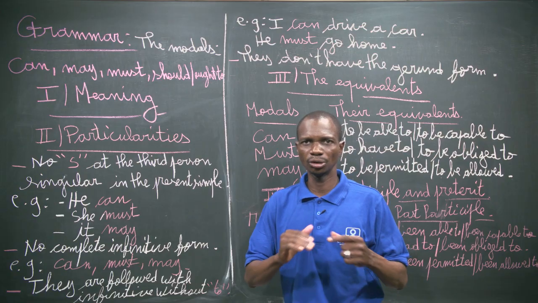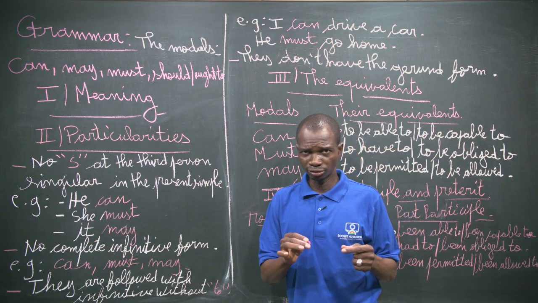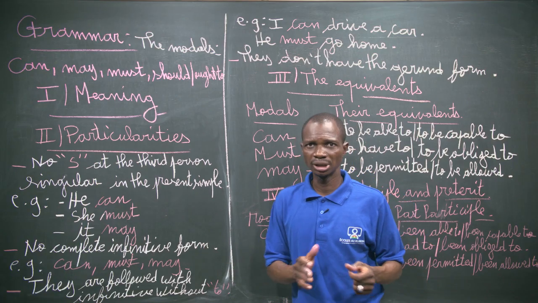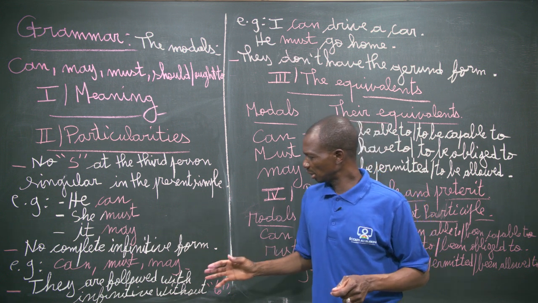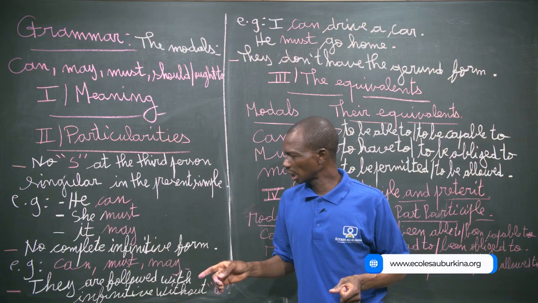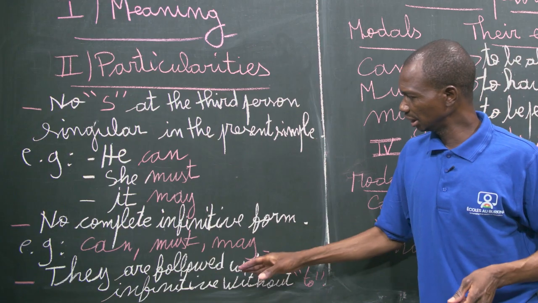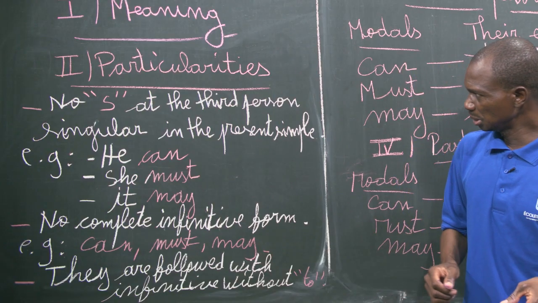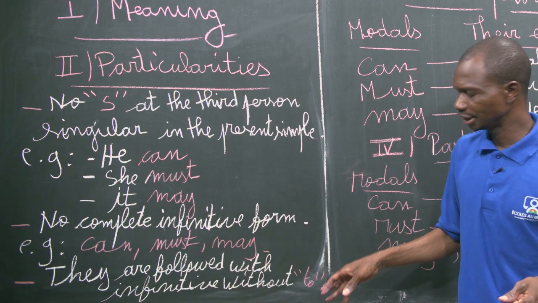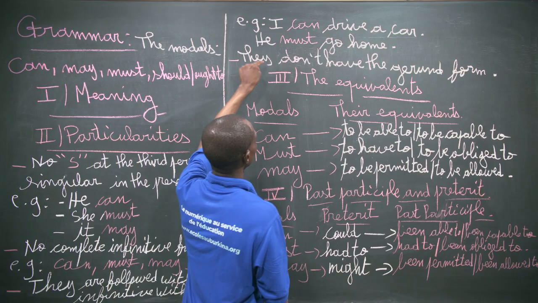They don't have the complete infinitive form with to. We must not put to. Example: can, must, may. We must not say to can, to must, to may. It doesn't exist.